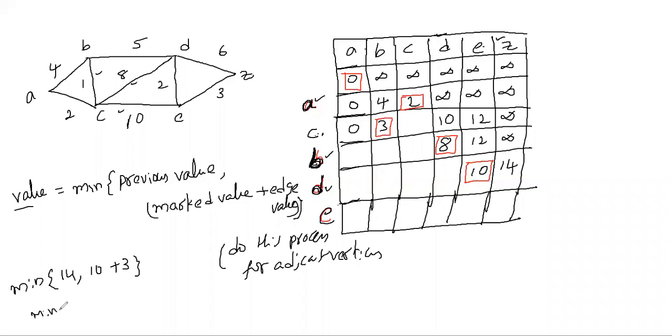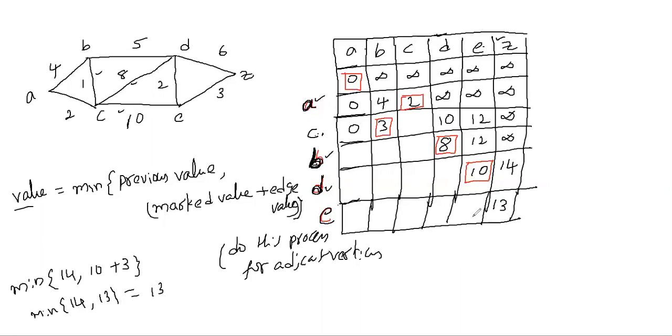Minimum of 14 comma 13. So what is its value? 13. That 13 you write here. So now the value is 13.